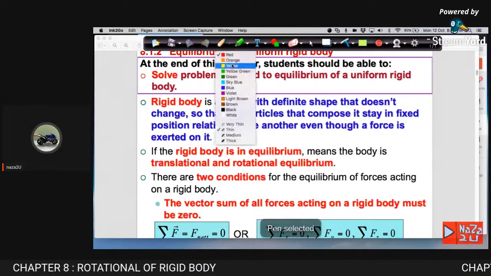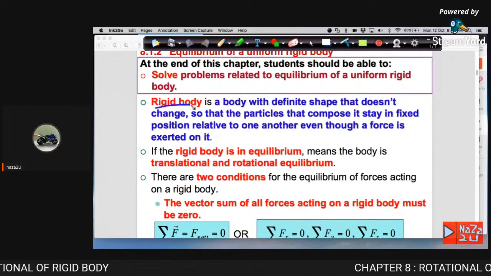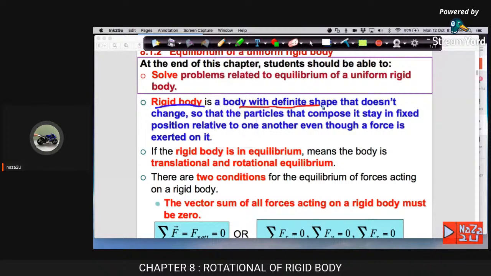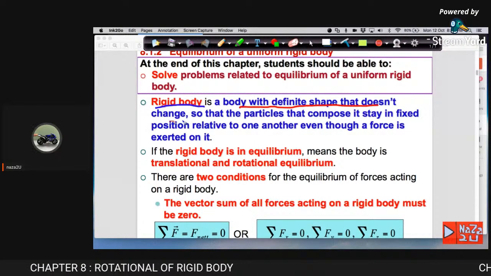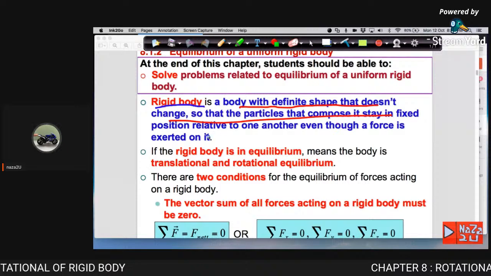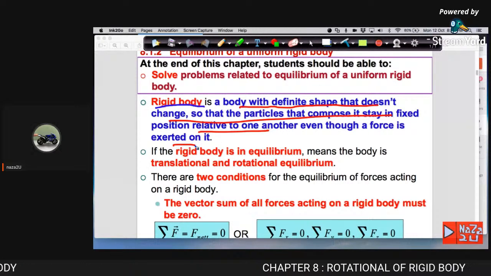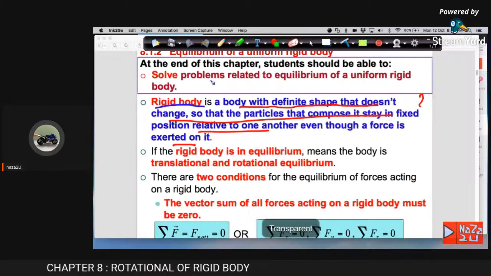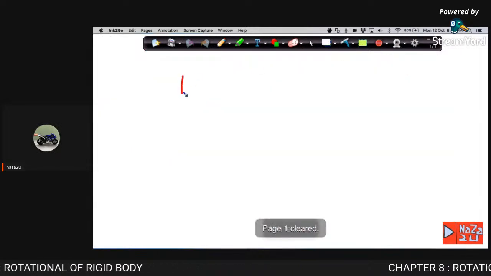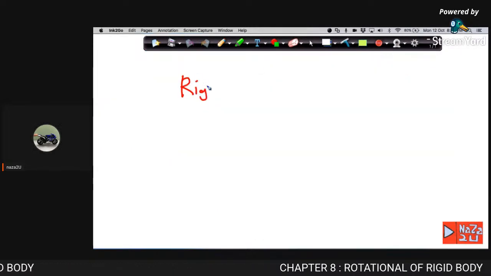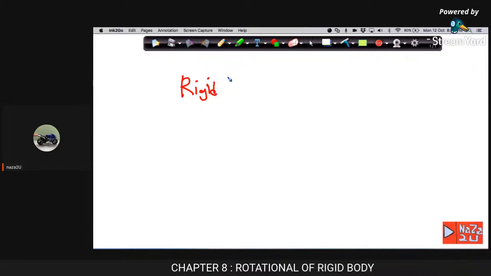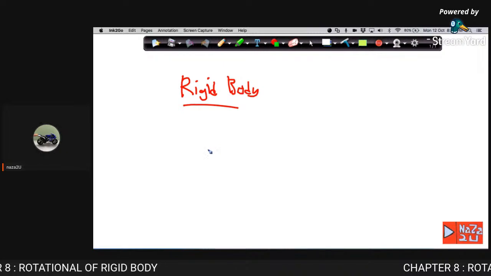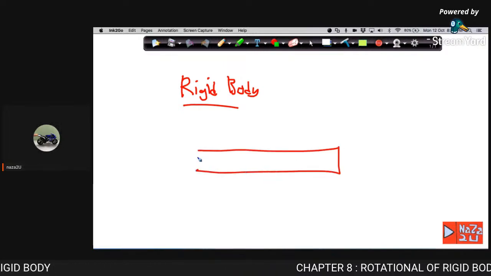A rigid body is a body with a definite shape that doesn't change, so that the particles that compose it are in a fixed position relative to each other. The definition is long, so if I can summarize, rigid body. I take the example of the ruler we did earlier.